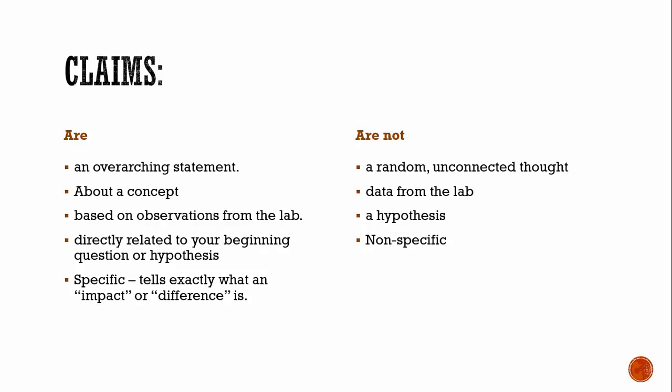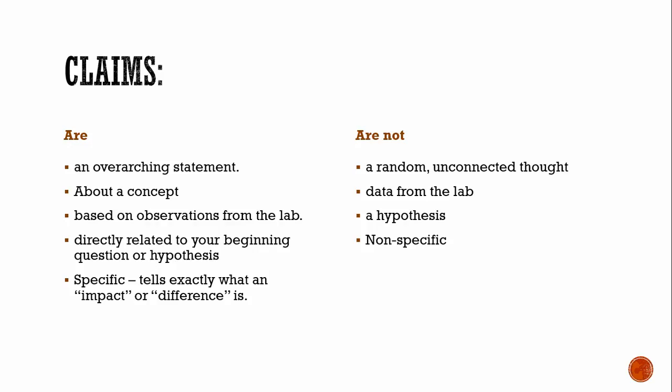What claims aren't are random unconnected thoughts. So it's not that we did a lab that was on weather and then you write a claim that's based on, I don't know, the temperature of the ground, or something that's completely unrelated to what we were doing. You want to make sure that it actually goes back to that main idea of the lab, goes back to that beginning question.